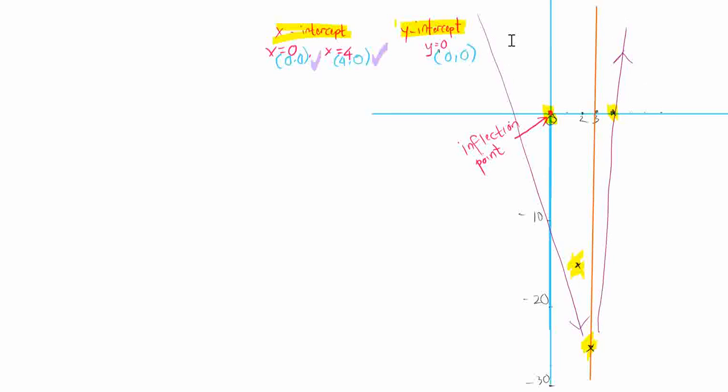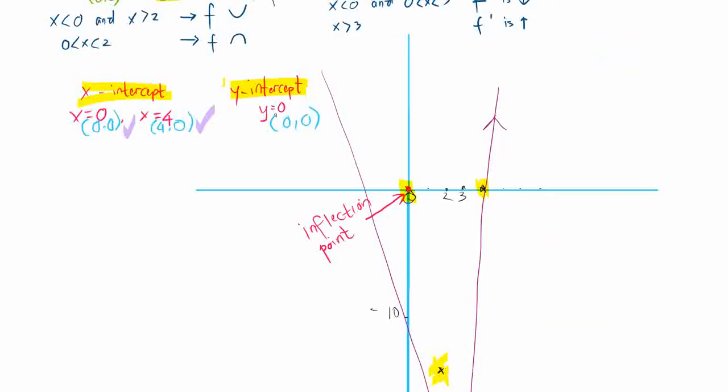Now let's see the second derivative test. Now I erase the line at 3 and put the line at 2, because according to the second derivative test, for x smaller than 0 and x greater than 2, the graph is concave up, and between 0 and 2, the graph is concave down.